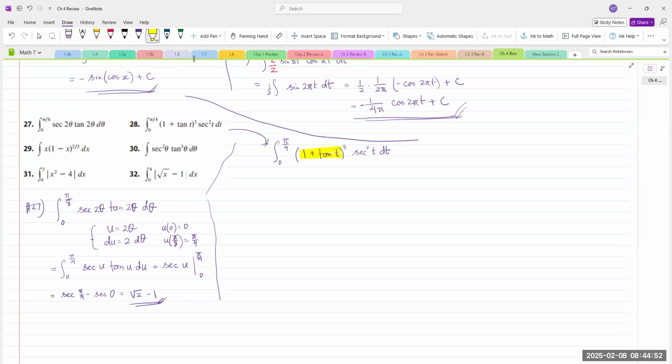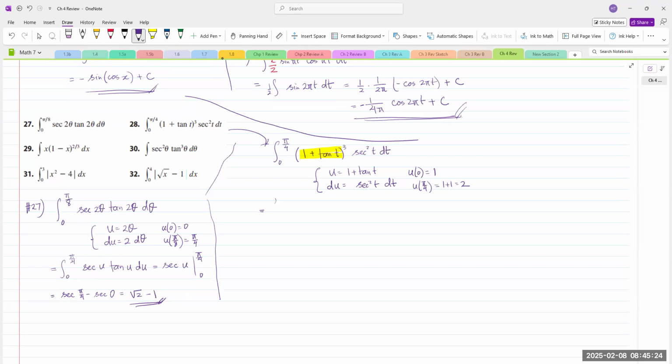Notice that if my u equals 1 plus tangent t, the derivative is secant squared t. The limits of integration change: at 0, that will be 1 plus tangent 0, that's 1. At pi over 4, 1 plus tangent pi over 4 is 2.